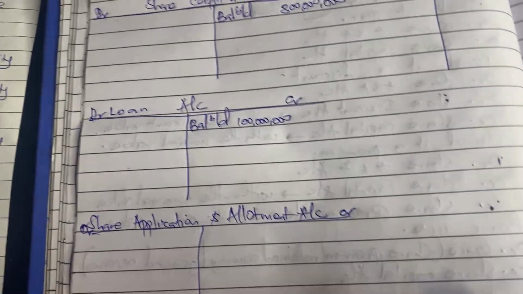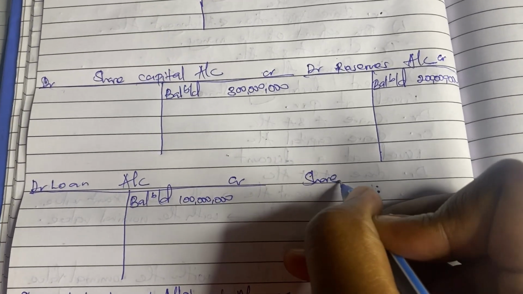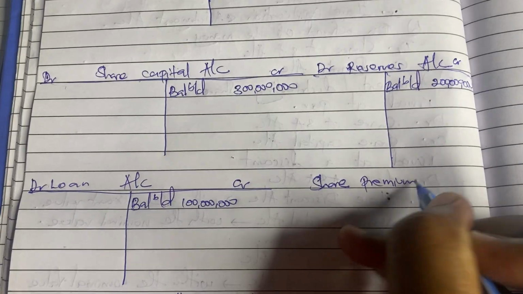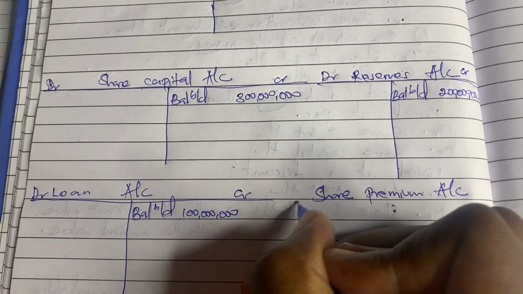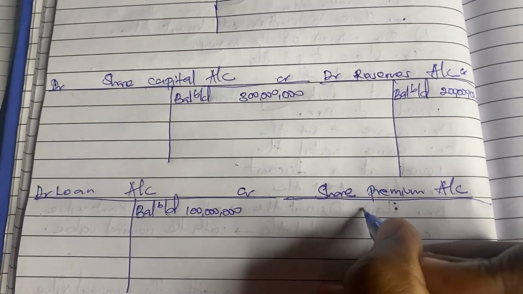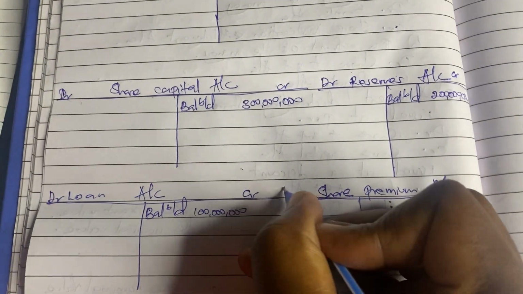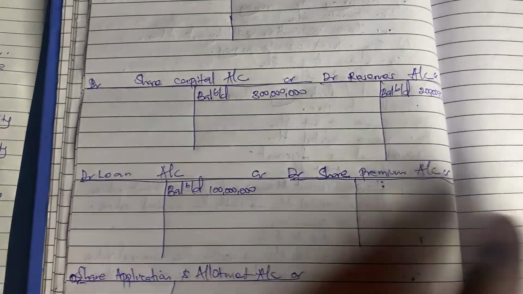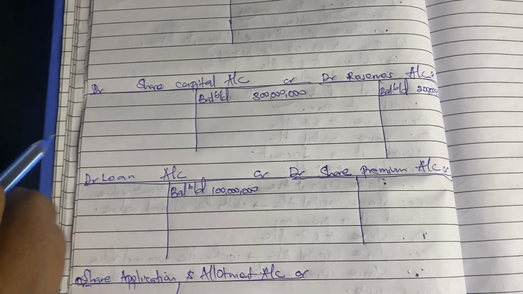It has no opening balance. Then we also prepare the share premium account since the shares were issued at a premium. Debit, then credit. It also has no opening balance. So that's the first step.